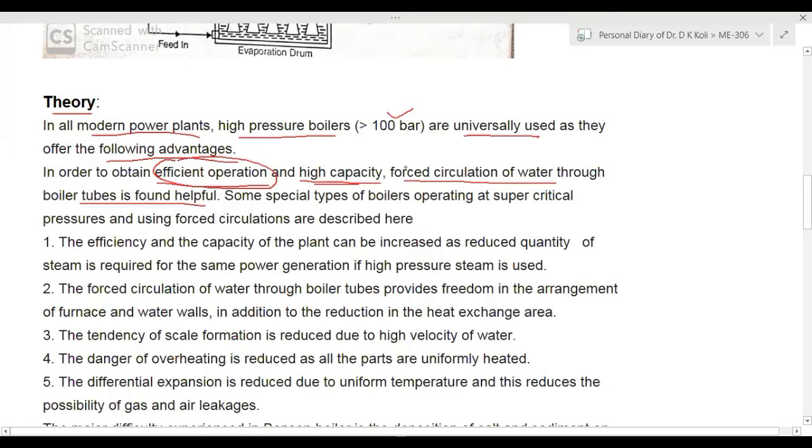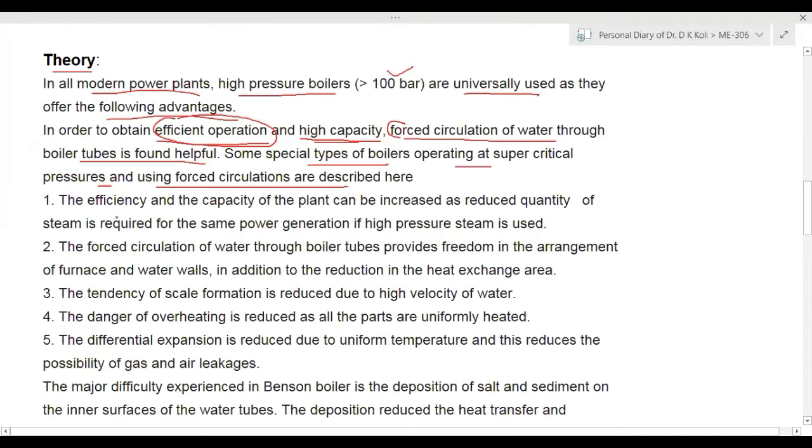Normally we use a forced circulation type boiler. In the boiler, water is circulated by force, and high pressure is used. Some special types of boilers operating at supercritical pressures and using forced circulation are described here. So the efficiency and capacity of the plant can be increased as a reduced quantity of steam is required.